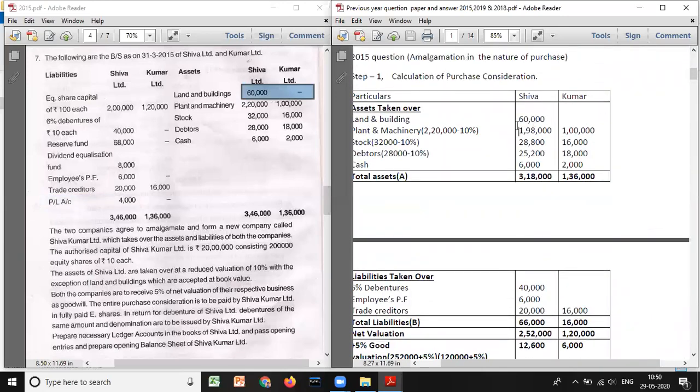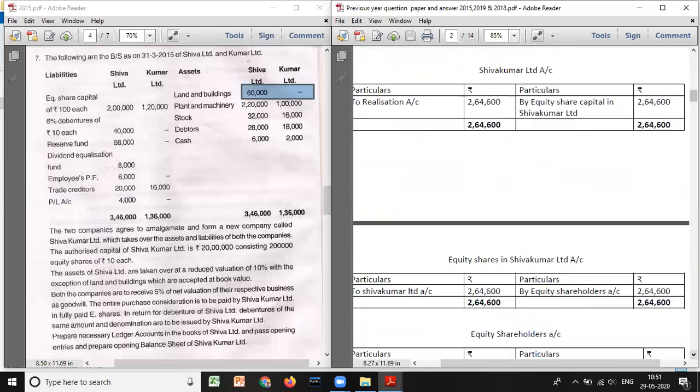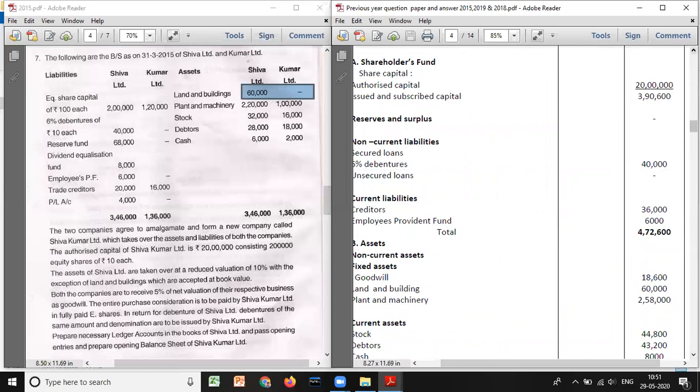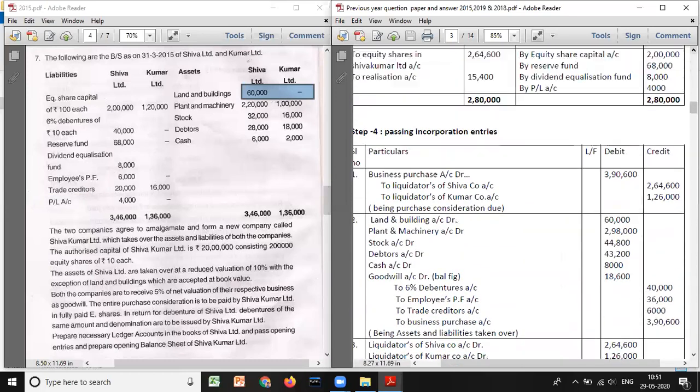Look at here, 1,28,000 plus 1,00,000, 2,98,000. 28,400 plus 16,000, 44,800. 25,200 plus 18,000. Like that, if you total, look at your answers. When two companies are liquidated, you have to total and write. Look at here, 62,98, 44,800, 43,200, 8,000.